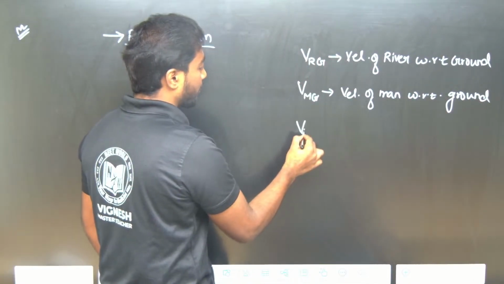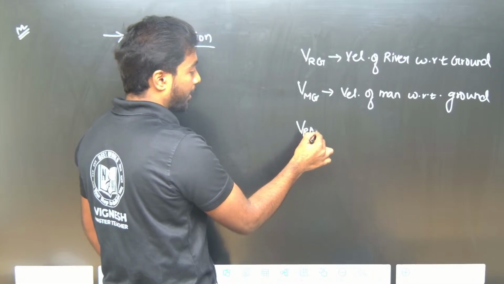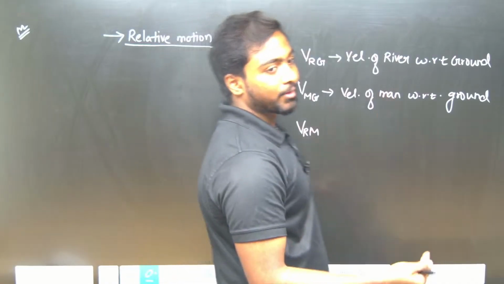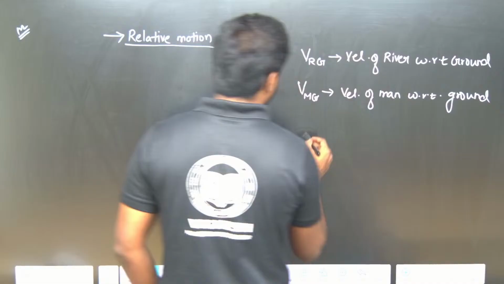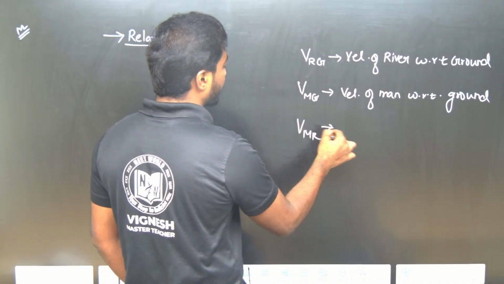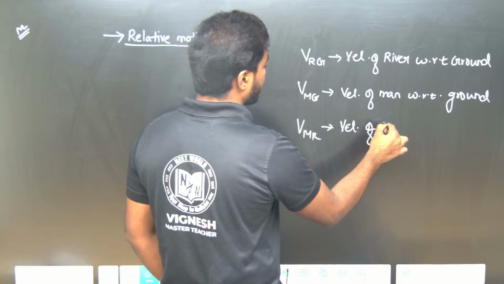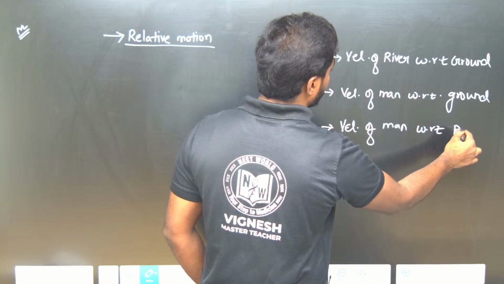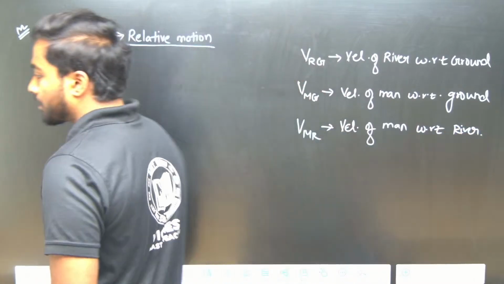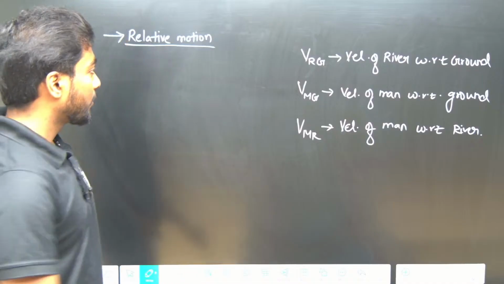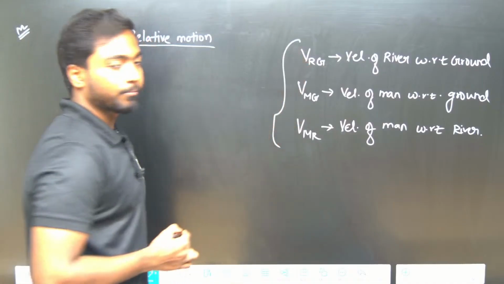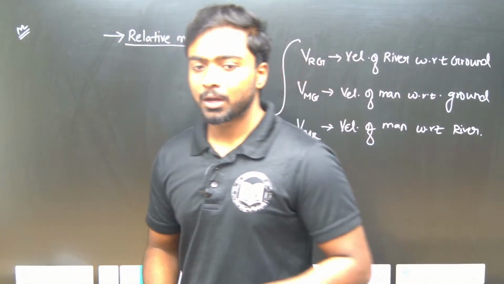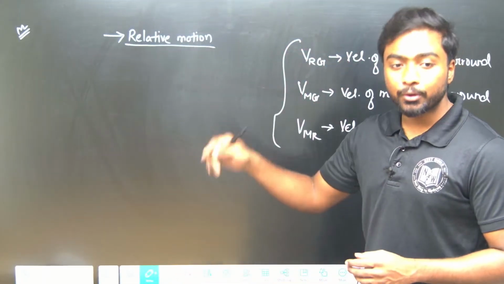Next is the velocity of a river with respect to man, or the velocity of a man with respect to river, VMR, man with respect to river. These are the terms which we are going to use.